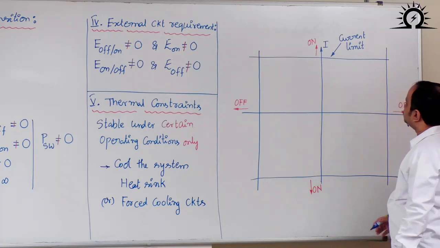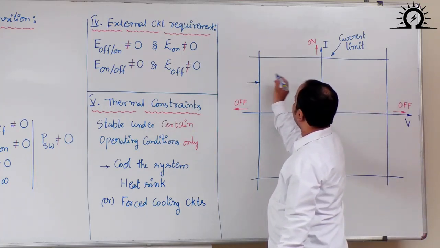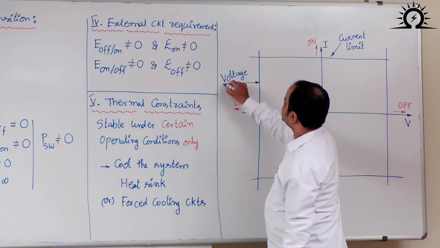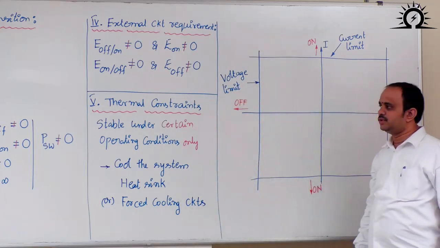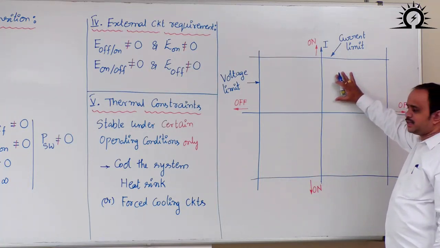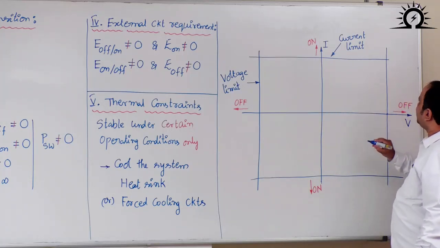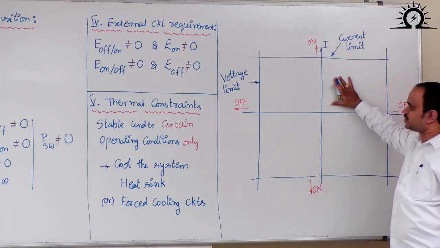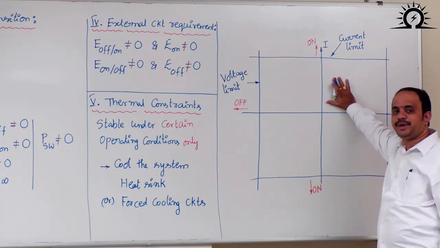So this is the voltage limit. Now, if you find the area under this portion, this is the rated voltage multiplied with the rated current. That gives the rated operating power.